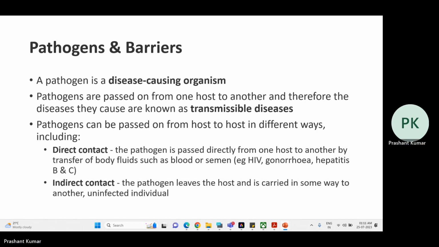Hepatitis. These all come under direct contact. Indirect contact means the pathogen leaves the host and is carried in some way to another uninfected individual, right? That comes under indirect contact. You are not in direct contact with the other one, it is going through a different way.